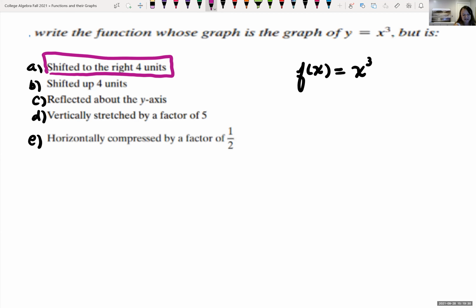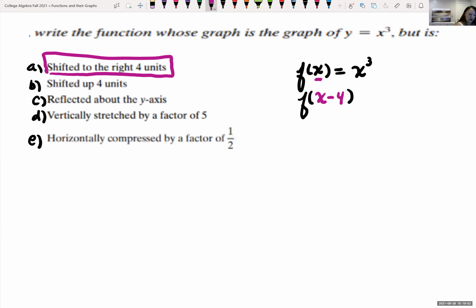Going to the right or left affects the x value of my point, so that has to be inside here. If we're going to the right, we have to actually subtract off what we're going to. So in this case, this is going to be x - 4.